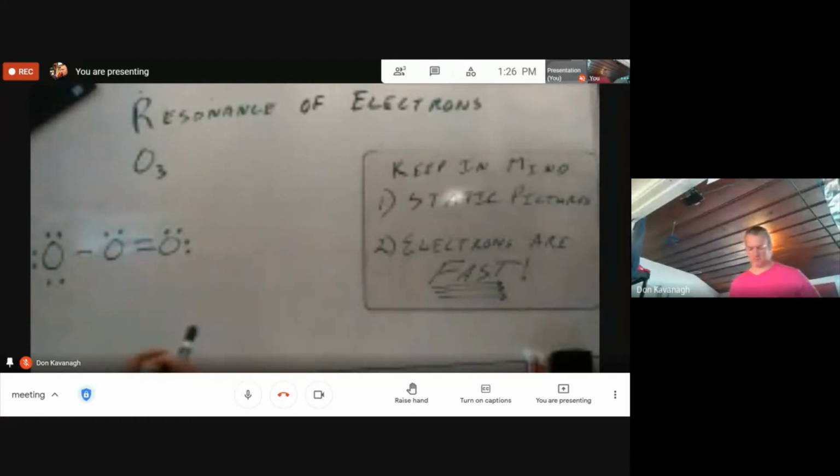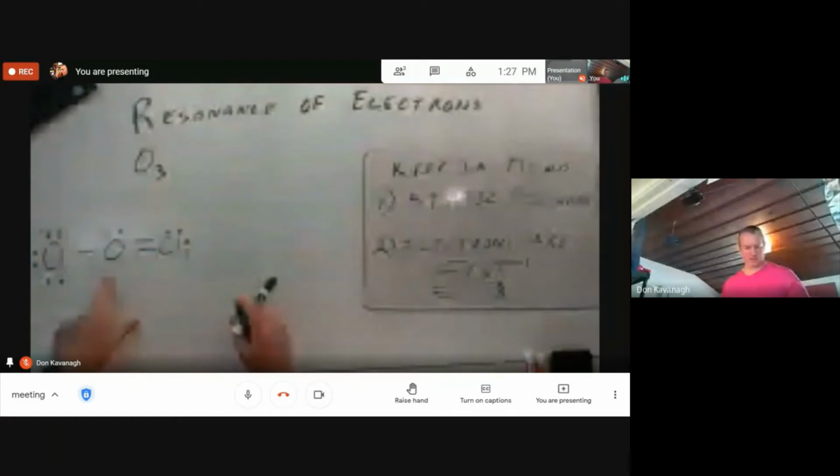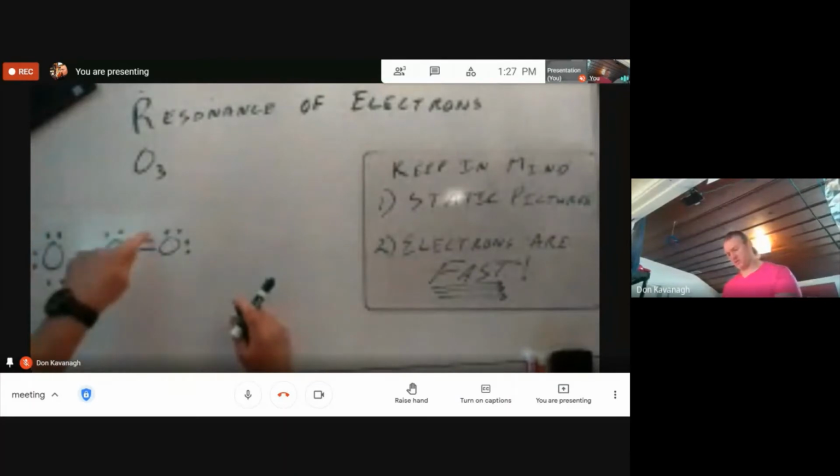This picture of ozone here has 18 electrons: 1, 2, 3, 4, 5, 6, 7, 8, 9, 10, 11, 12, 13, 14, 15, 16, 17, 18. It's got 18 electrons, not allowed any more, not allowed any less. Everybody has an octet, or an ocho, of electrons around it here.